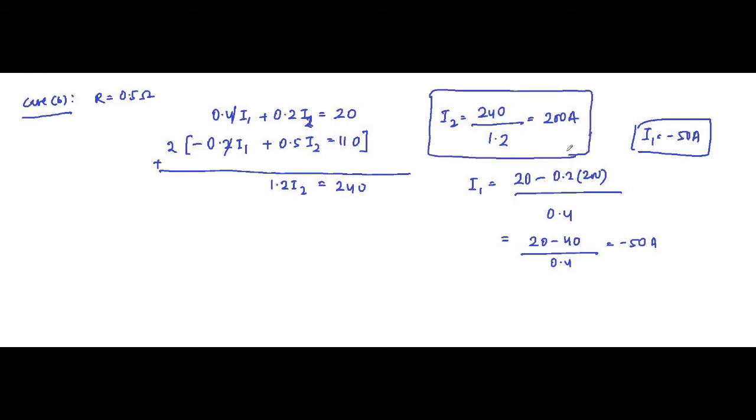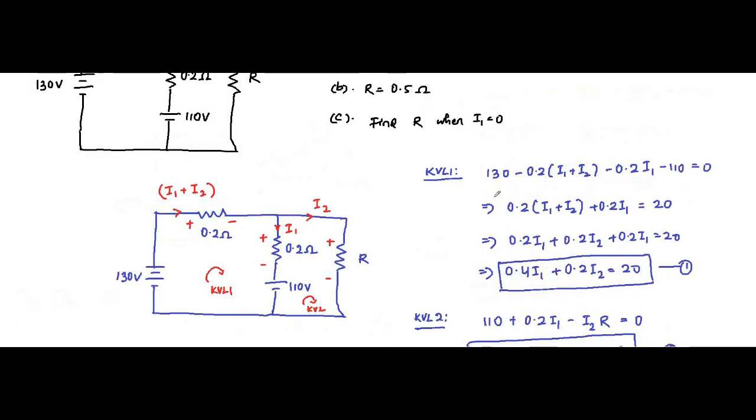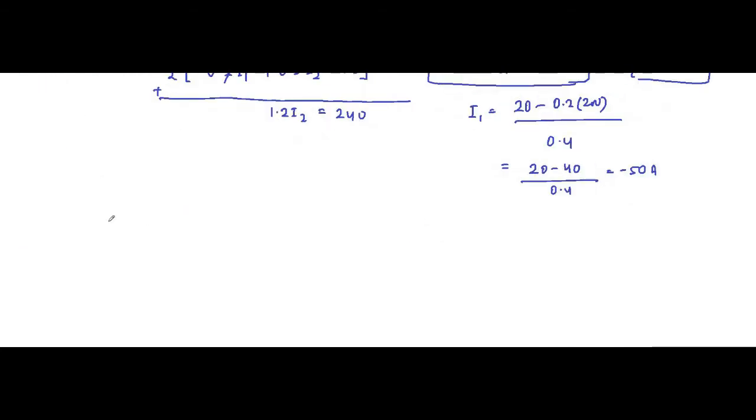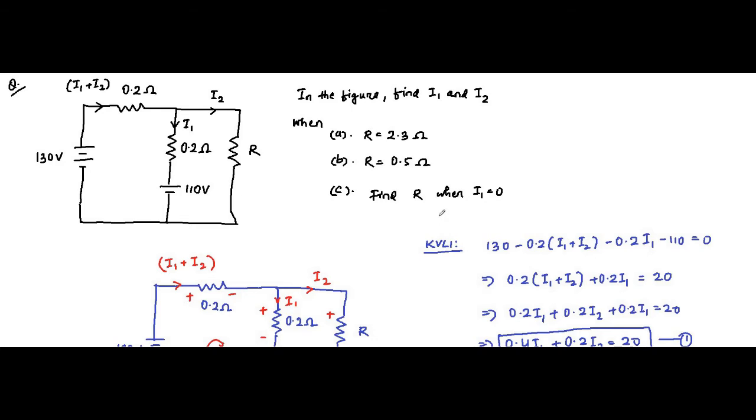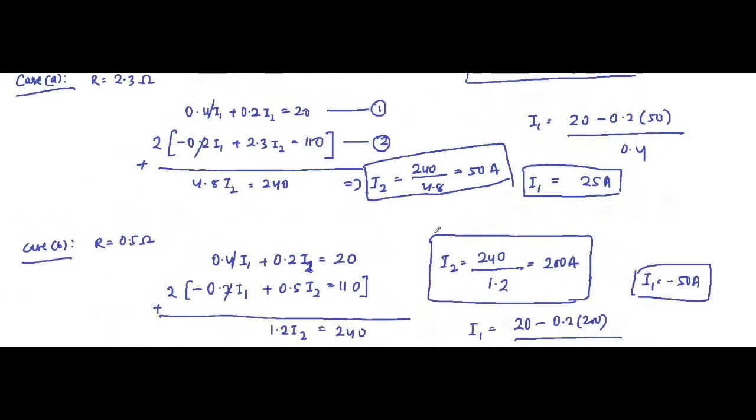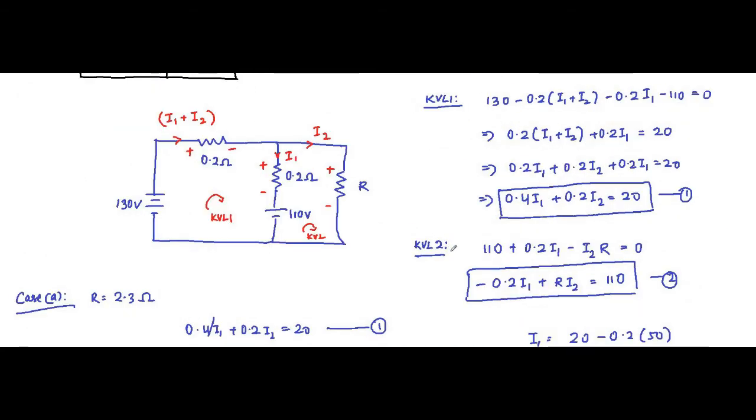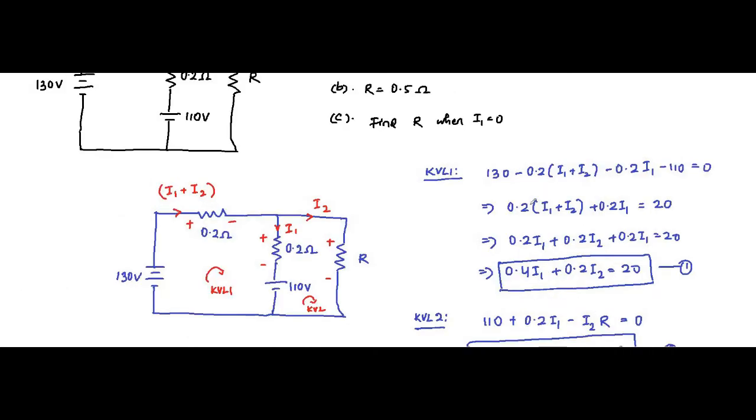Now case C. Case C is when I1 is equal to 0, we have to find R. So let us substitute I1 equal to 0 in equation 1, that is 0.4 I1 plus 0.2 I2 is equal to 20.